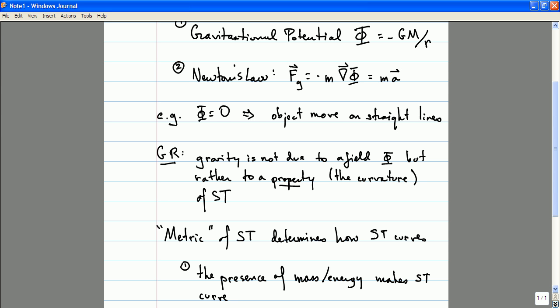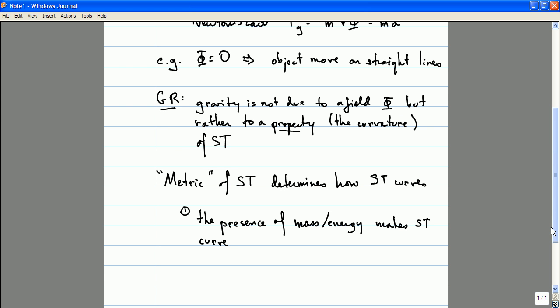And the equation which determines the curvature of space-time due to the presence of matter is known as Einstein's equation. And it's the general relativity version of the statement that the Laplacian of the gravitational potential is proportional to the matter density, which was the basic equation of Newtonian gravity that we encountered last class.